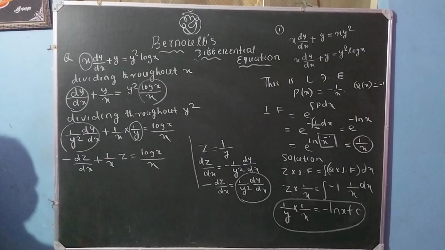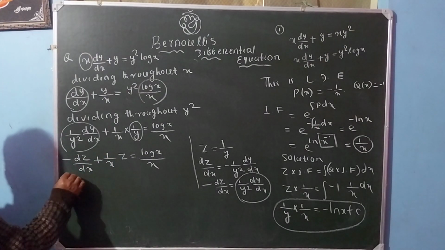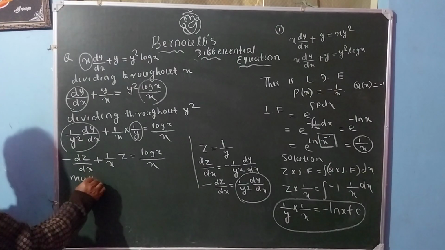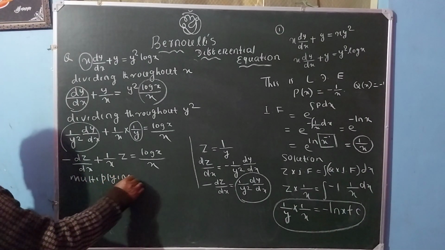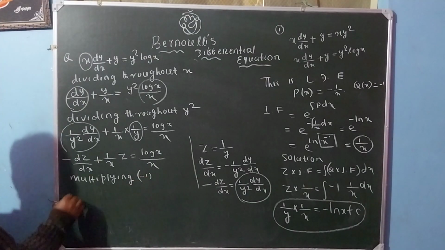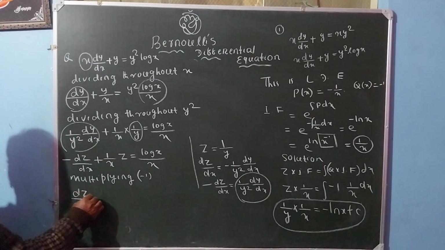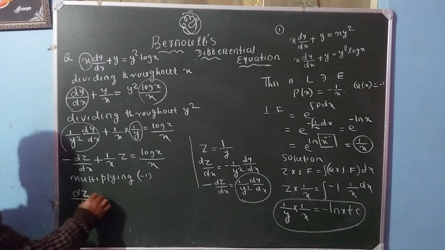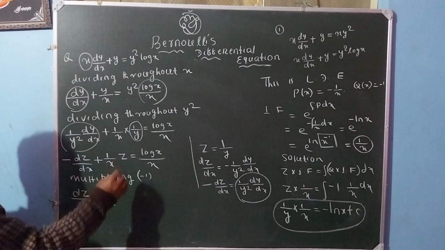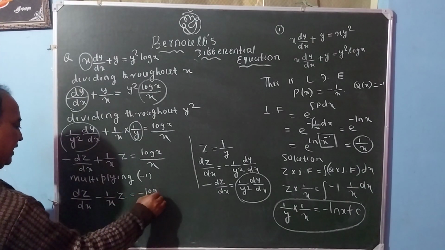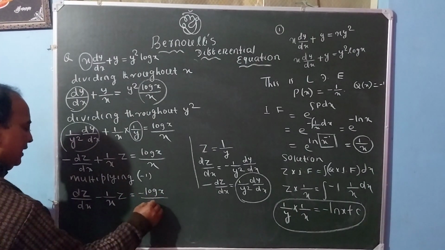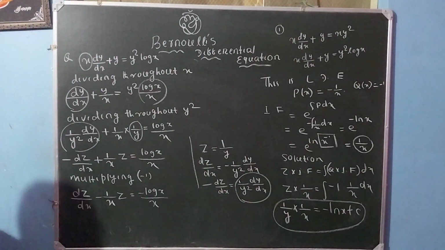Now multiplying by minus 1, we get dz/dx minus 1 by x into z is equal to minus log x by x.